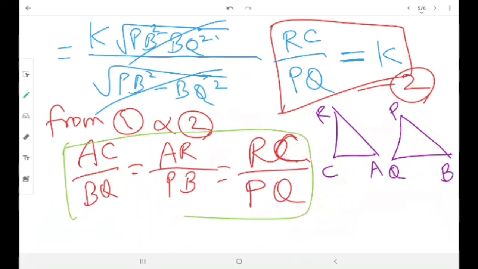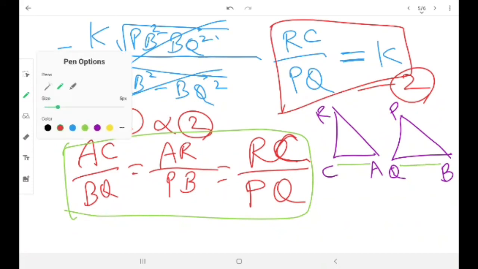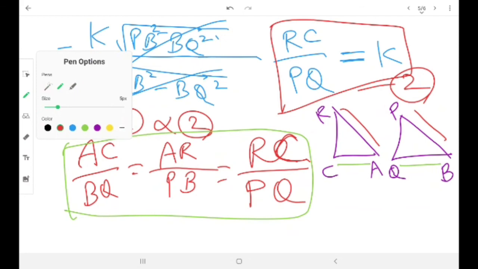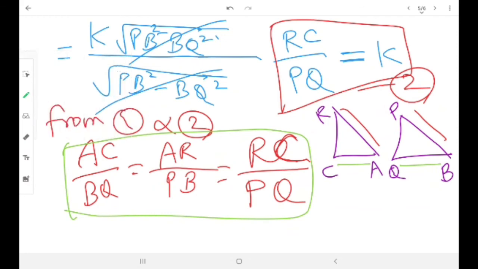From this equation, we can say that AC by BQ, AR by PB and RC by PQ, they all are in equal proportion.